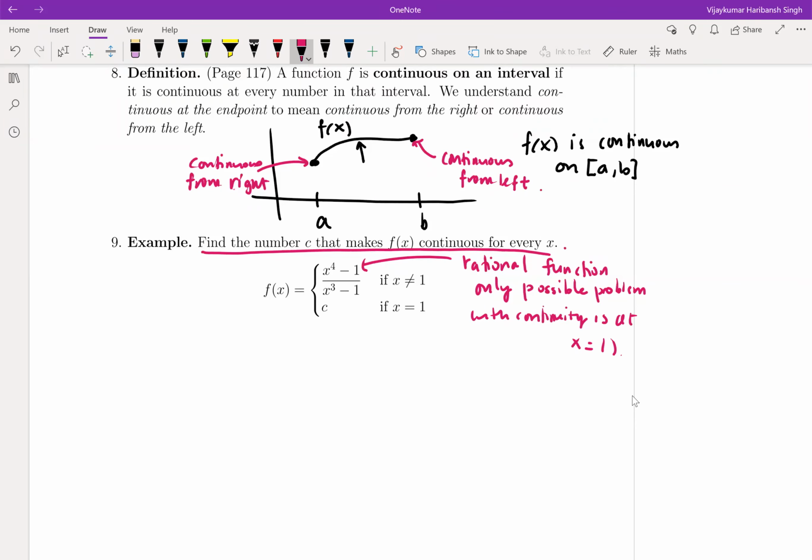Any possible problem could be at x equals 1. So let's investigate what is happening at x equals 1.